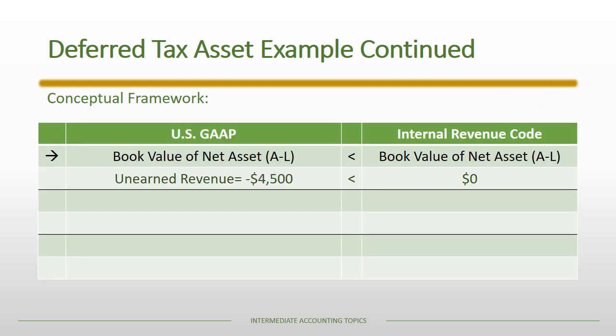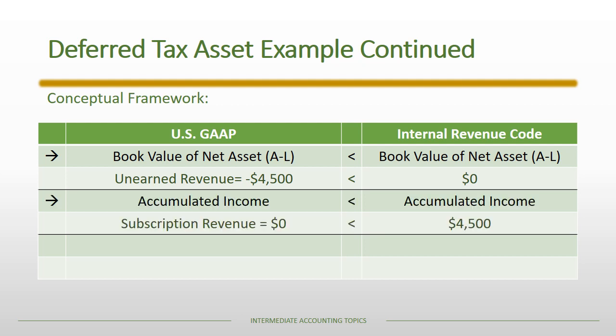Now we grab onto the same conceptual framework again just to tie this together, and we can see again the book value of the net asset under US GAAP is negative $4,500, which is less than zero under the Internal Revenue Code. The implication then is that accumulated income must also be less under US GAAP when it's compared to the Internal Revenue Code attributable to this specific item.